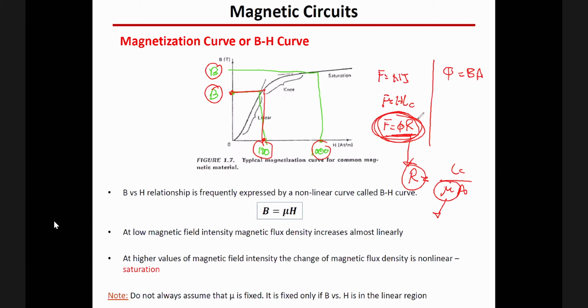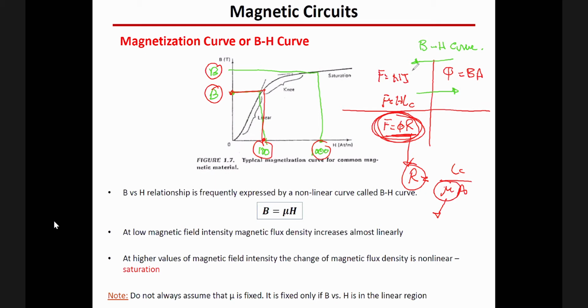So how can we usually solve the problems with this BH curve? Well, it's easy. It's not complicated. Usually, you go from here to here, or from here to here, using the BH curve. For example, I can give you N and I, and ask you to find what is the flux.